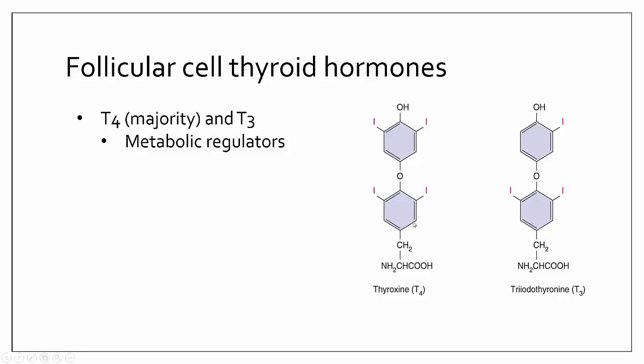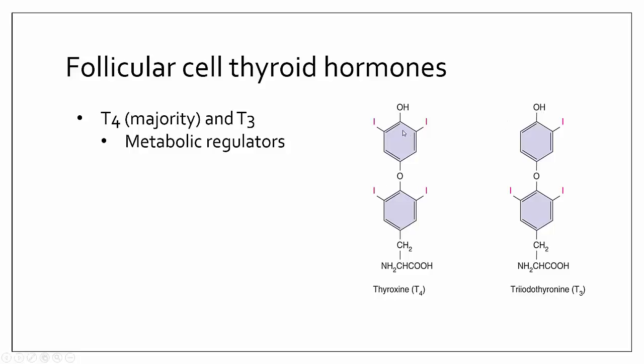Now, T4, thyroxine, T3, triiodothyronine, okay? What is the difference between these two compounds visually? They're pretty similar, except T3 is missing one I. The I's are molecules of iodine.